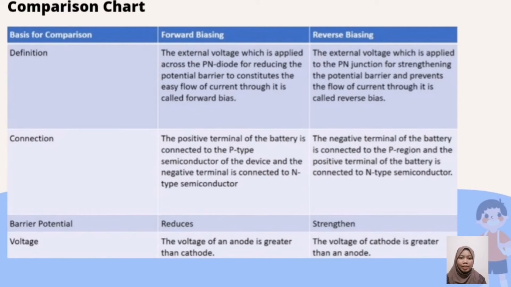The forward bias sets up the electric field across the potential, which reduces the strength of the potential barrier, whereas the reverse bias increases it. The potential barrier is the layer between the PN junction diode, which restricts the movement of electrons across the junction.